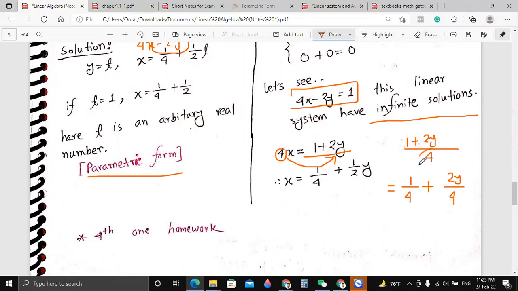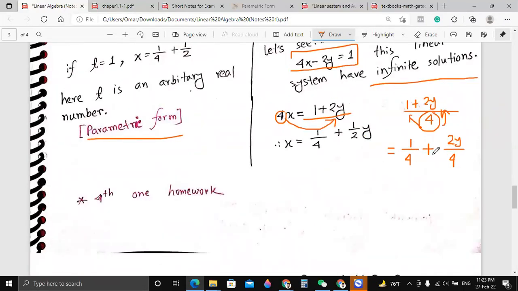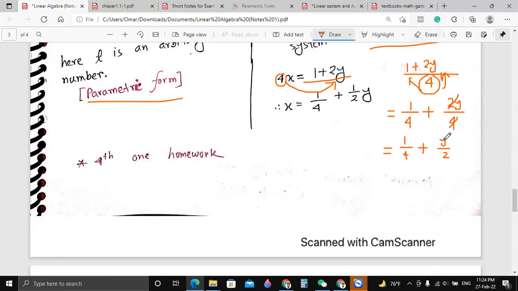I divide the denominator with 1 and also with 2y. So ultimately, if I cancel 2 and 4, we get 1 by 4 plus y by 2, or just simply half y. So this is called a parametric form, okay?